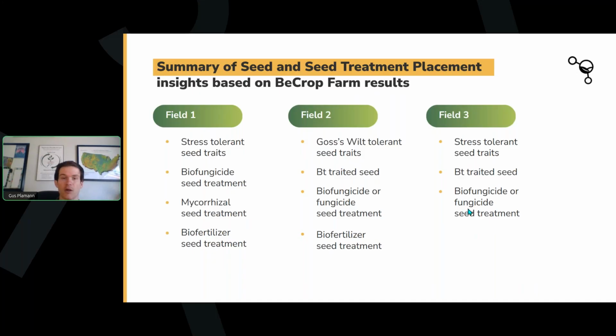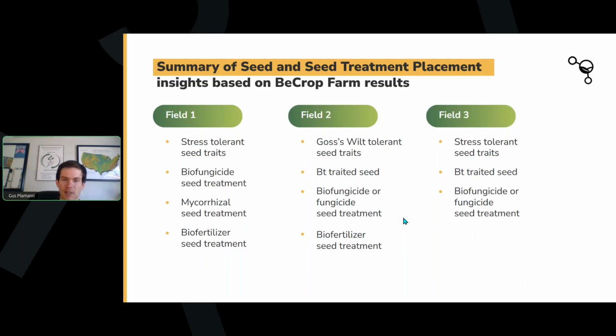So this was a really generic example. There's definitely a lot more depth you can go into with BeCrop data, but this is just a quick rundown on how BeCrop indexes can be used to really demystify and place seeds and seed treatments in what's obviously a very crowded category.